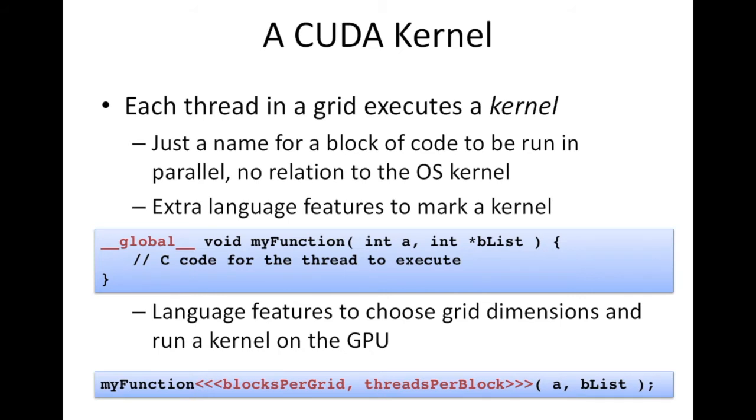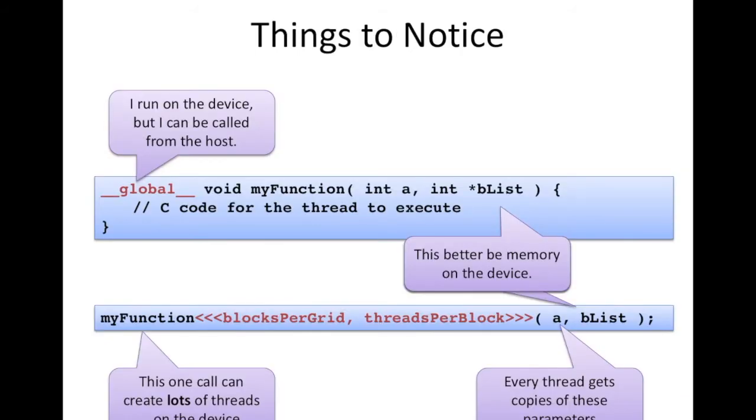So when you start this up, you don't just say what function you want to call, you don't just pass it parameters, but you also inside these triple angle brackets give how big the grid is, so how many blocks are in the grid, and then how big each block is, how many threads are in each block. So this is sort of how you pick the geometry of the parallel computation task that you're going to farm off to the GPU.